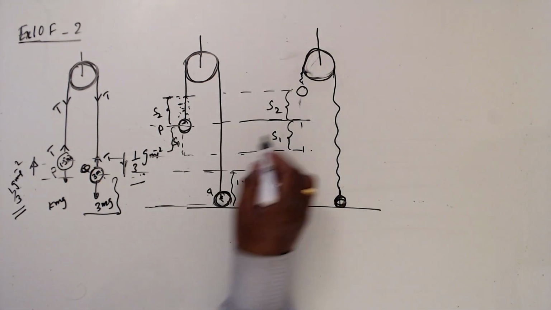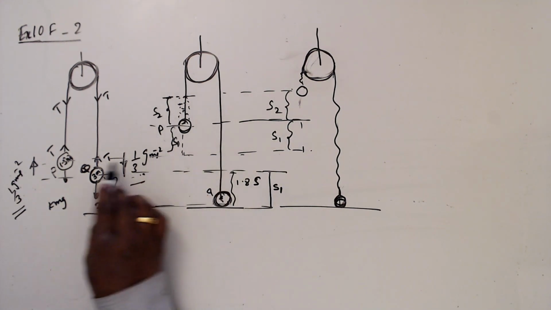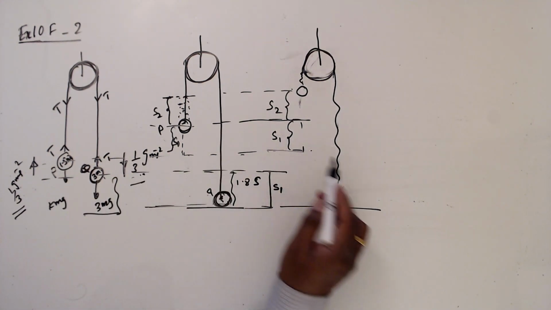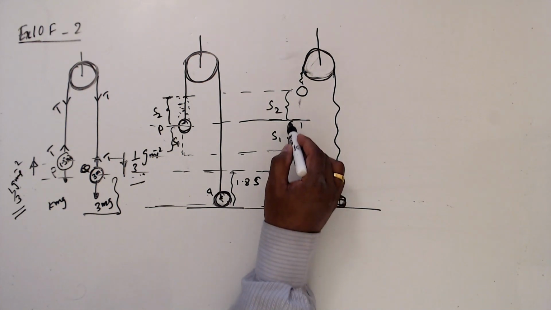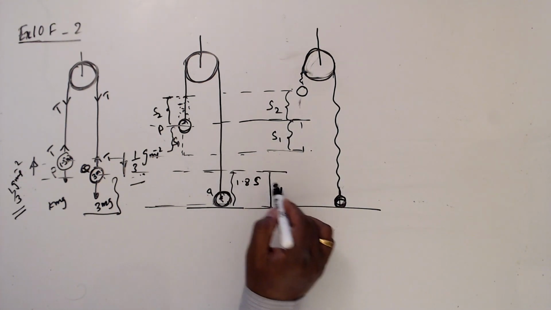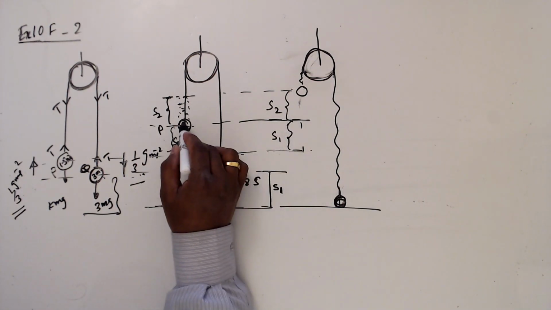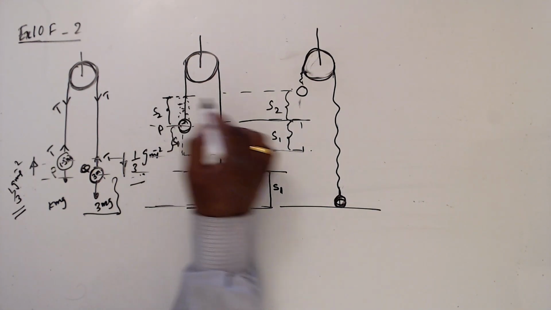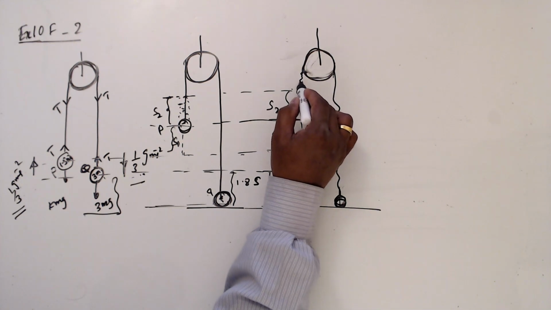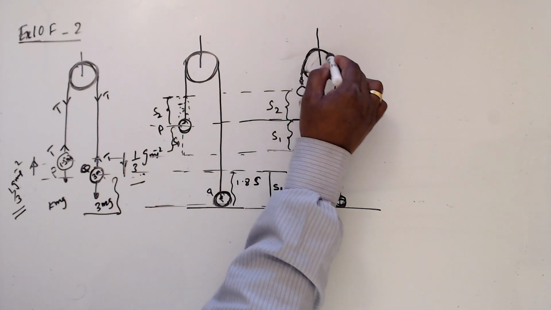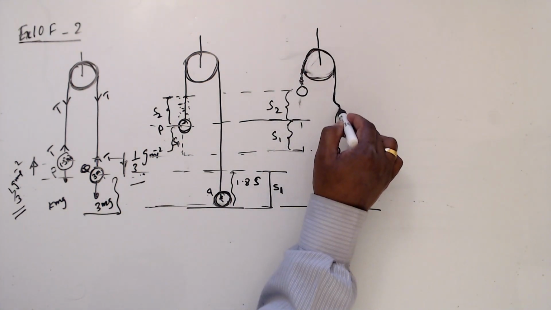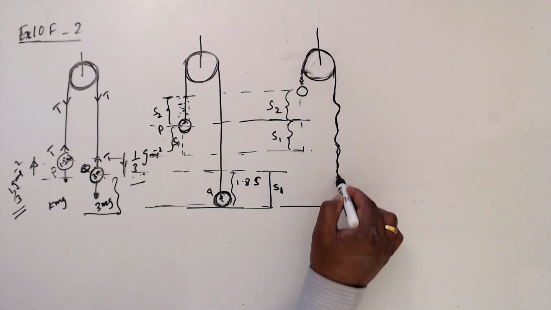So I draw again. This is the S1 distance. This is the initial position. So it will move up to S1, the same distance, and then it moves freely S2 distance.